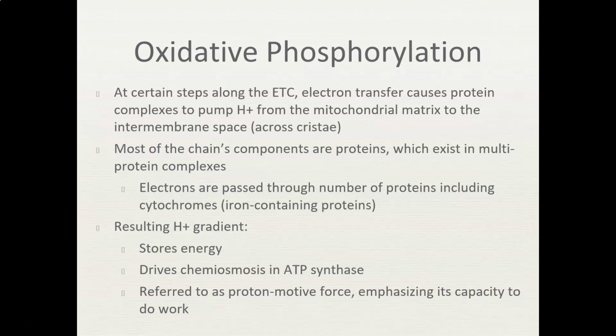We don't want them diffusing naturally back through. So we're going to pull off those electrons from those hydrogens and use them as energy to make the pumps work. We're doing active transport here, but instead of using ATP, we're using the electron transfers from those NADHs and FADH2s to make the pumps work.